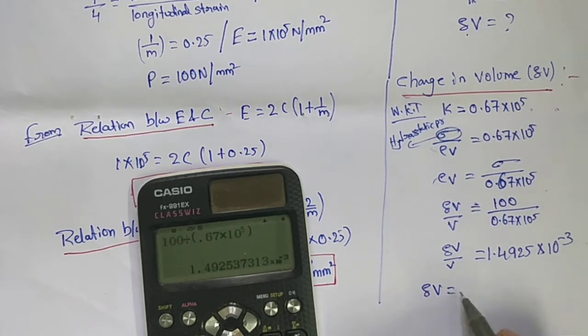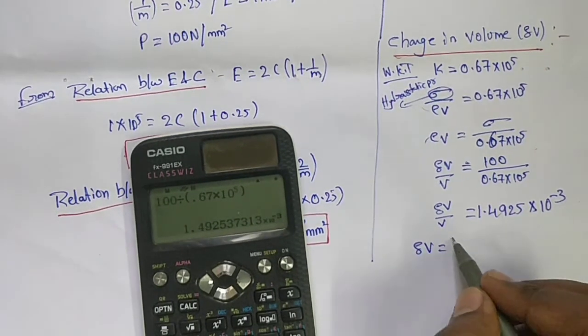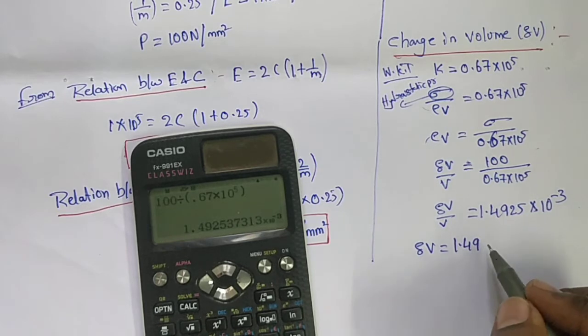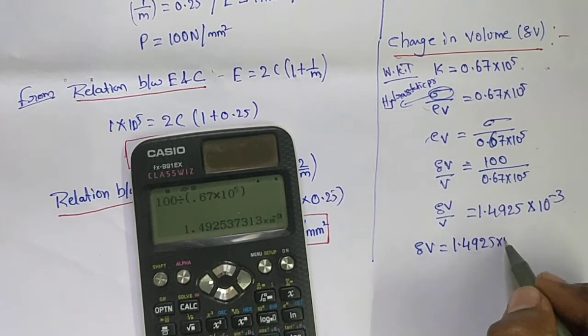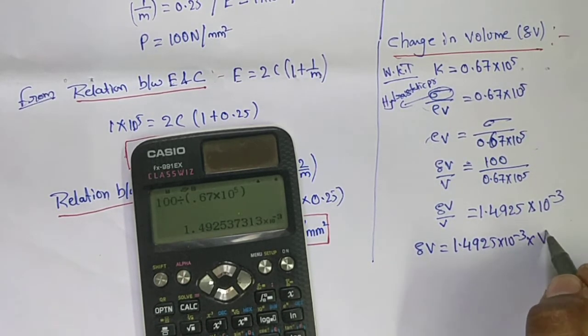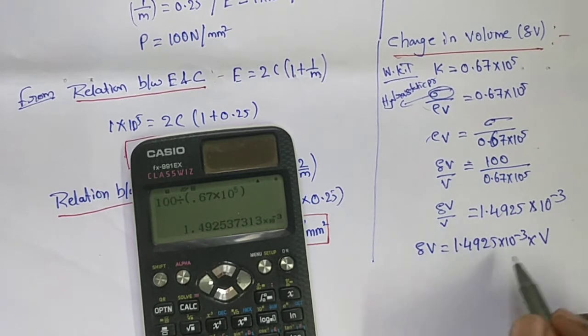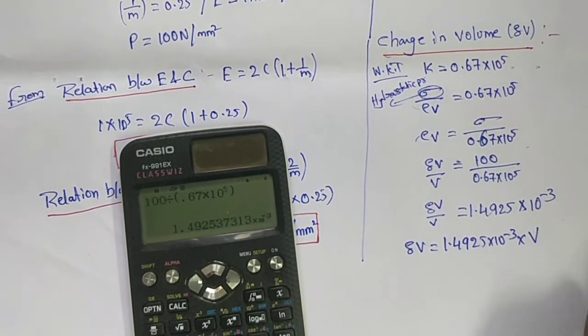Therefore, change in volume is equal to 1.4925 into 10 power minus 3 into volume.